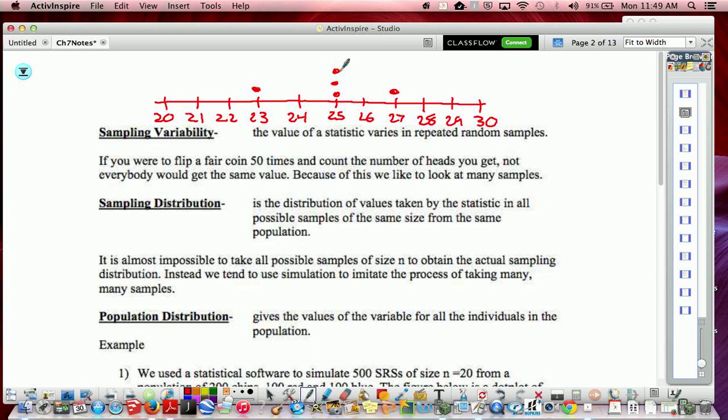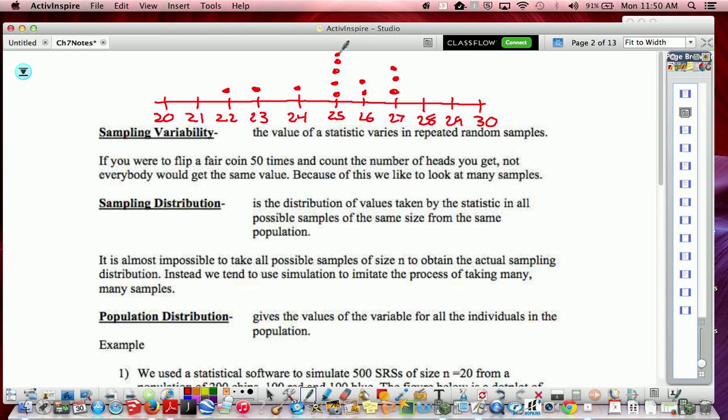Oh my goodness, you guys are all sleeping? 27. I chose 1 to be heads, but in the end it wouldn't matter. 26. 27. 26. 22. 24, and I heard a 25.